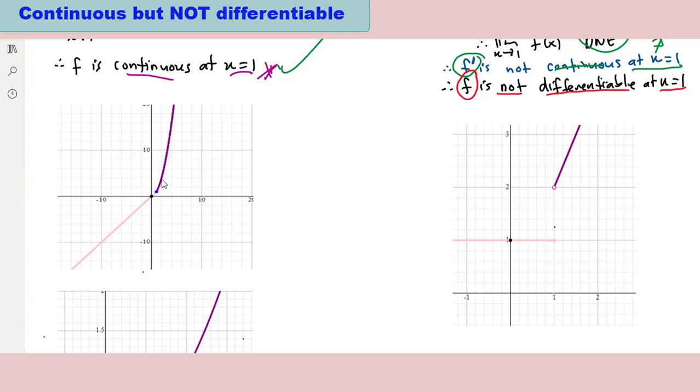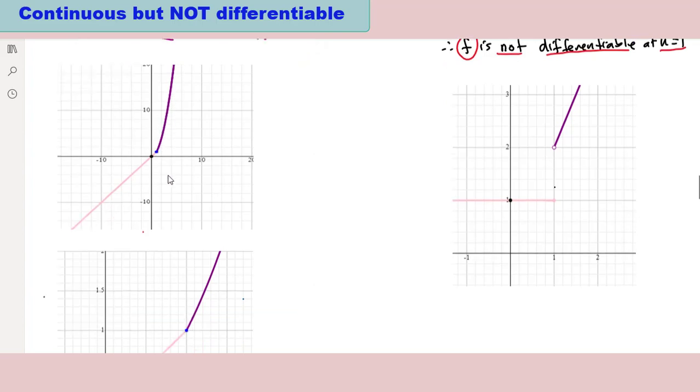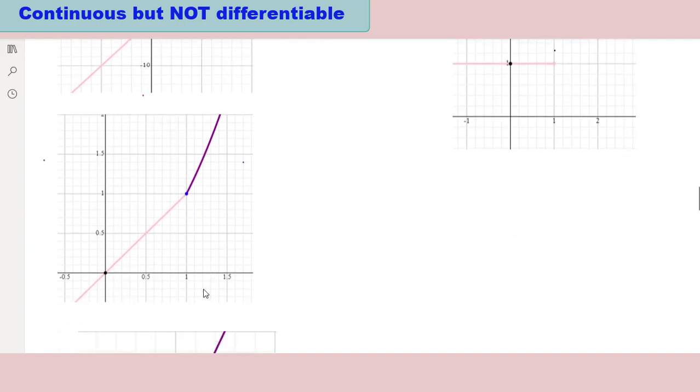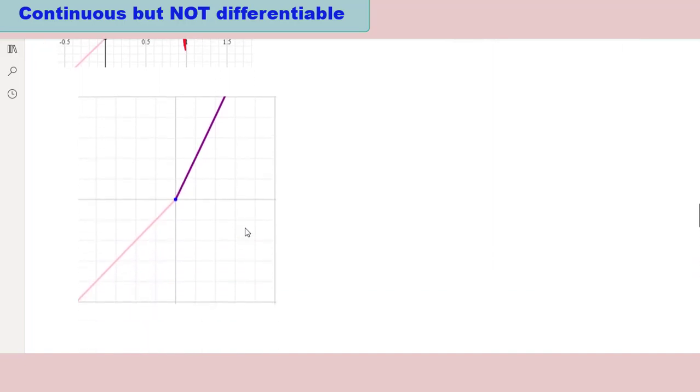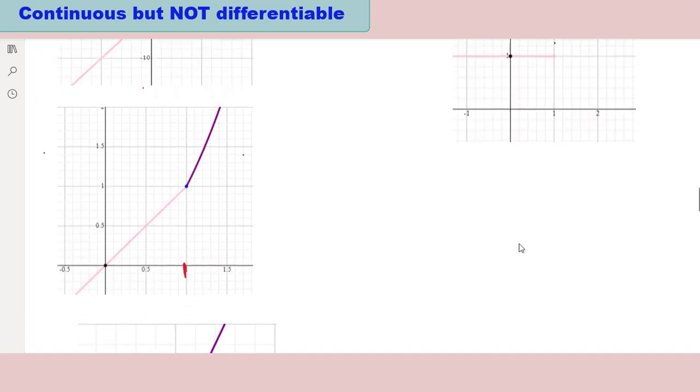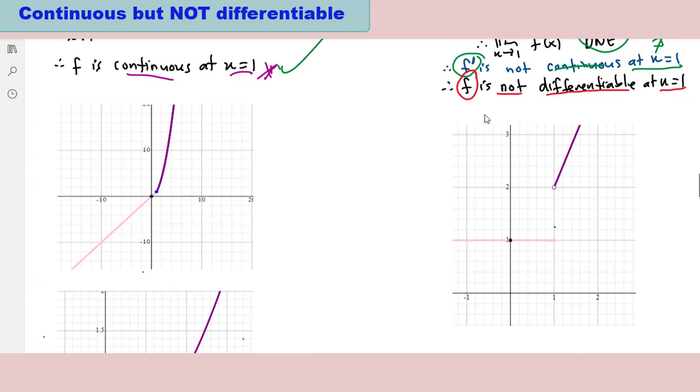Zooming in, the graph is continuous at x equals 1. For the graph of f prime of x at x equals 1, the graph is discontinuous.